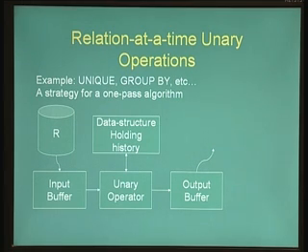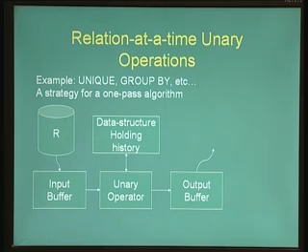Now the input buffer is then read into the unary operator, whether it's unique or group by. For example, group by is another relation at a time unary operator. Now this operator will either output the tuple into the output buffer if it is safe to do so, or otherwise will put the tuple into a data structure holding the history of whatever relation has been read until now.